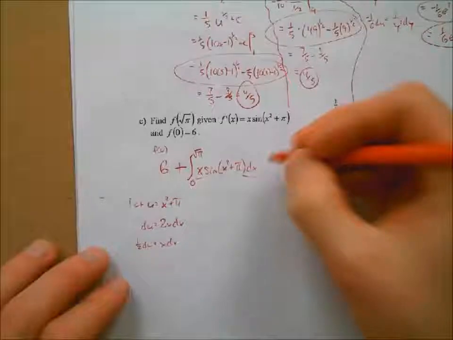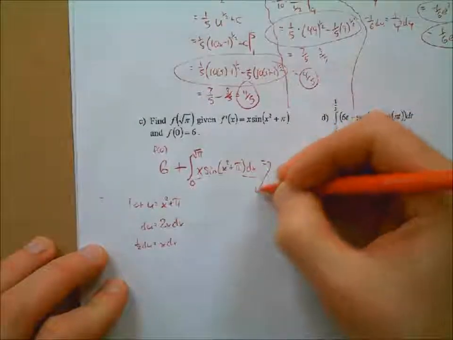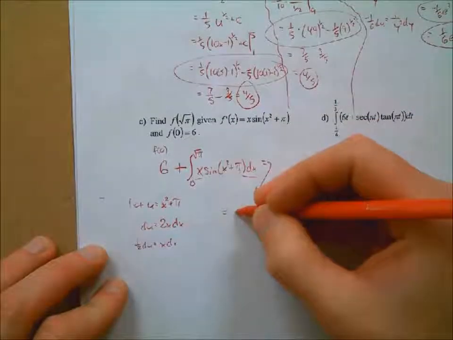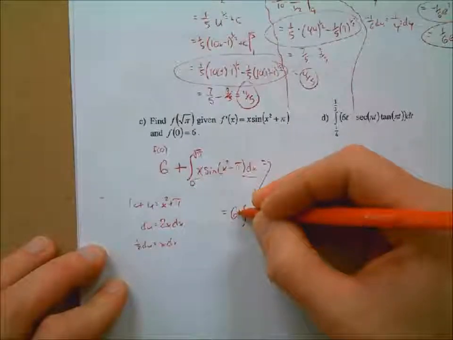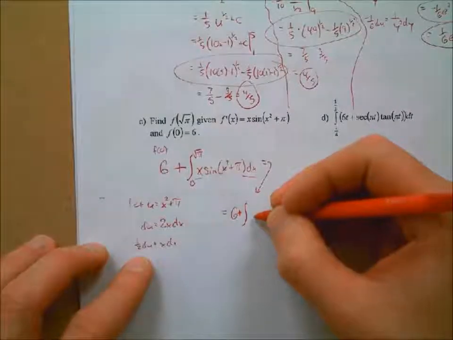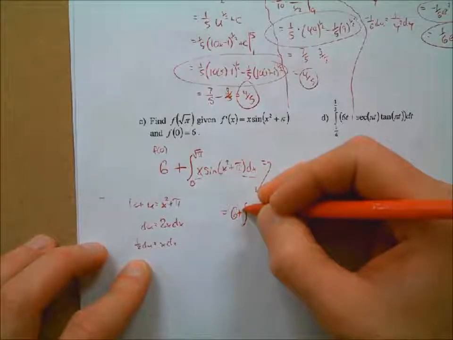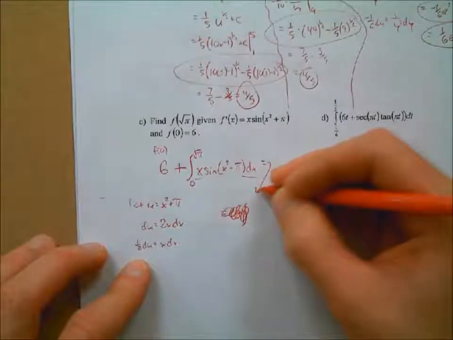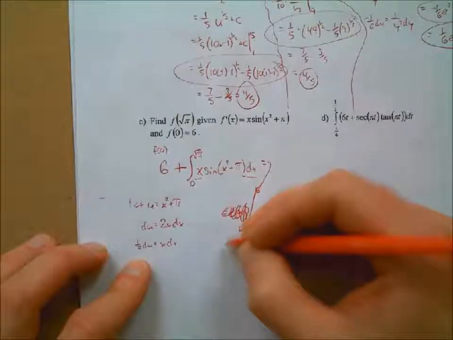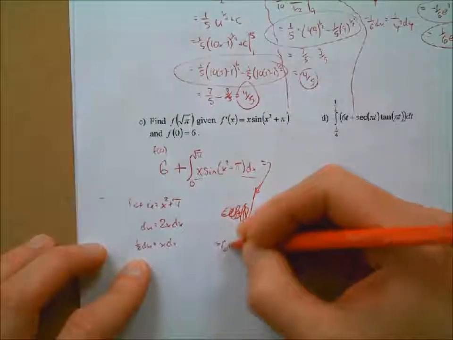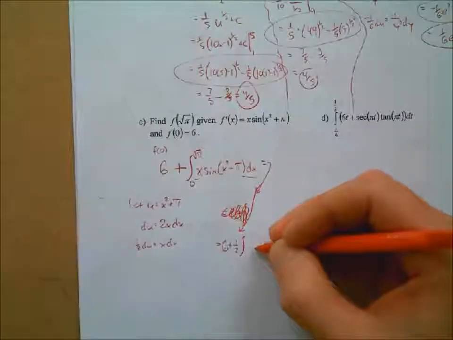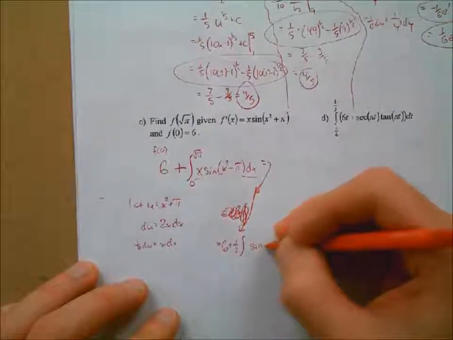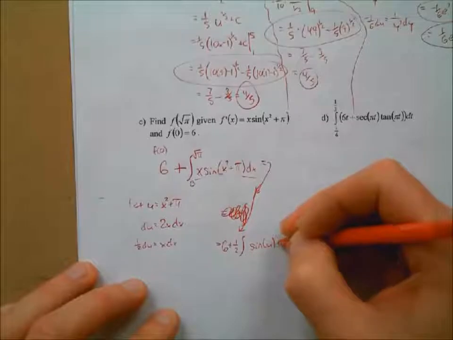Okay, and so this will equal, I'm going to go down here, 6 plus the integral of 1/2, let me do it this way. The integral from, well, we'll get to the limits of integration in a second, sine of u du, like that.